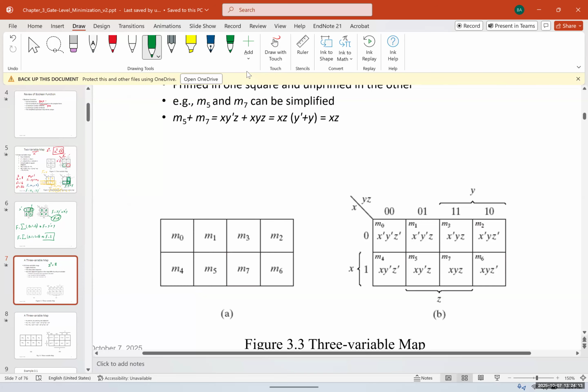It's M0, M1, then we skip to M2, and then we come back to M3. So M0, M1, M3, M2, M4, M5, M7, and M6. So you can see that these 2 columns have switched. If you want to memorize it, it's going to be M0, 1, 3, 2, M4, 5, 7, 6.